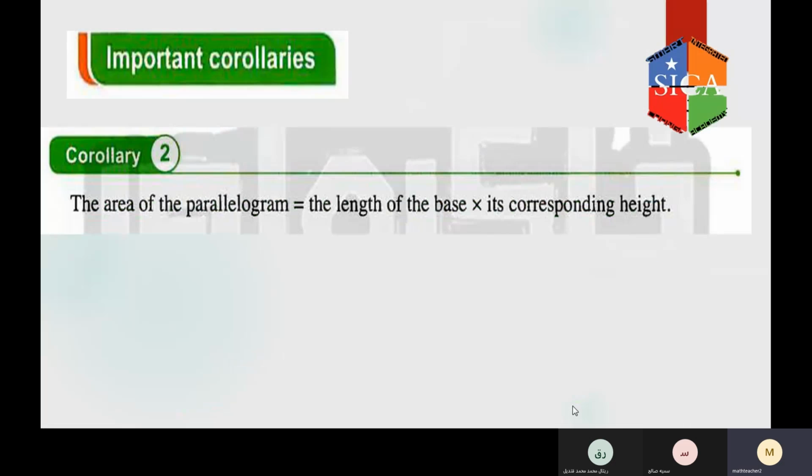The second corollary says the area of a parallelogram equals the length of the base times its corresponding height. We said before that the parallelogram has two bases and two heights. You choose any base times the corresponding height.